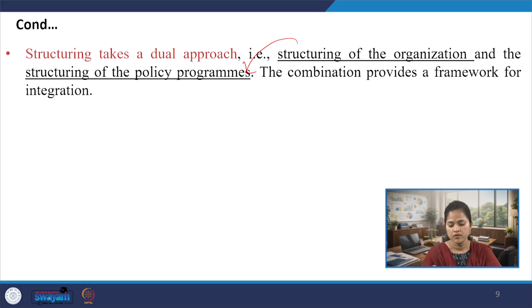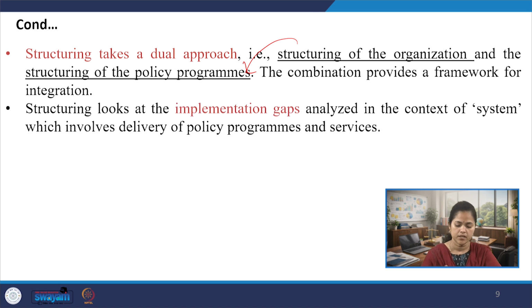when we combine both, it provides a complete framework for integration, and we can use it for policy monitoring. With this structuring approach we can find the gaps in implementation. Once identified, the implementation gaps can be analyzed.